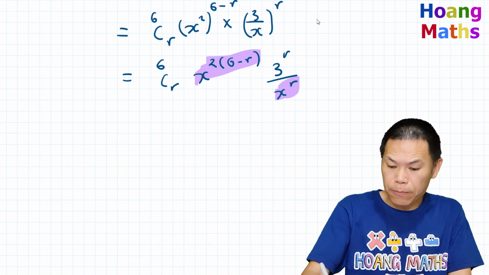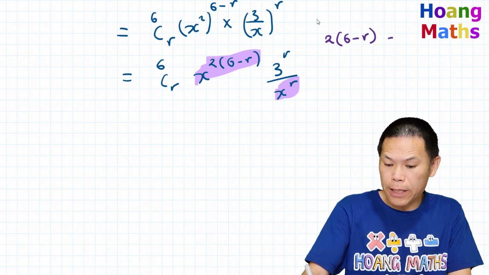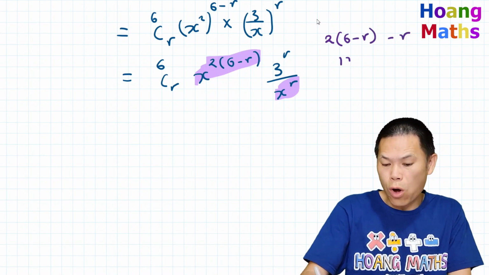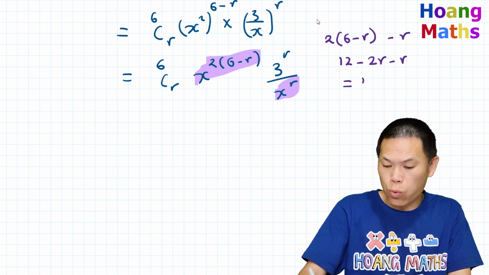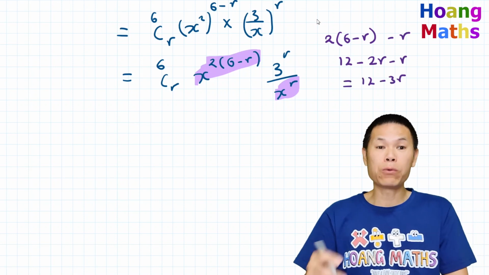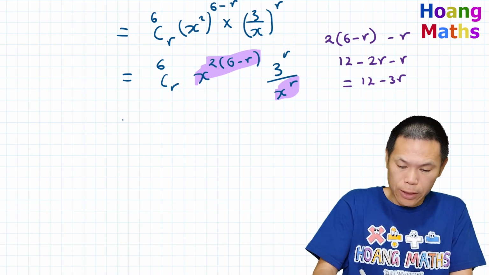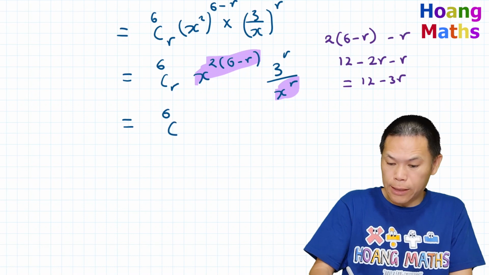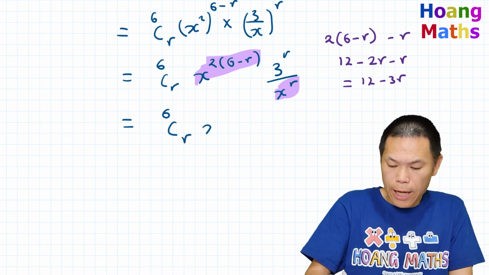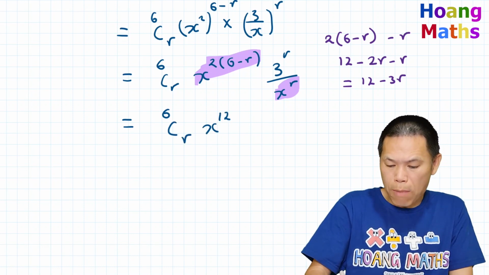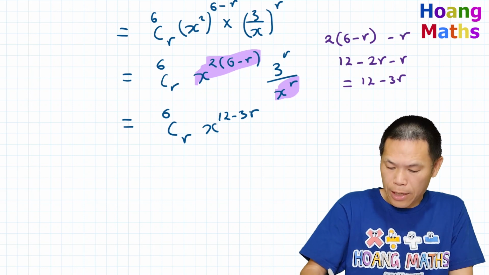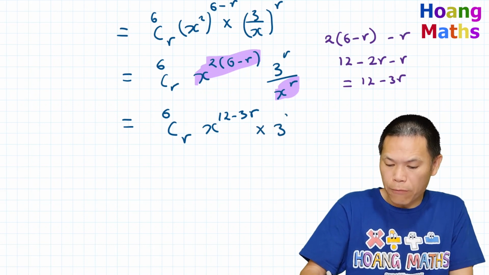So that is 12 minus 2R minus R, which is 12 minus 3R. So that is equal to 6 C R, x power of 12 minus 3R, and we times 3 power of R.